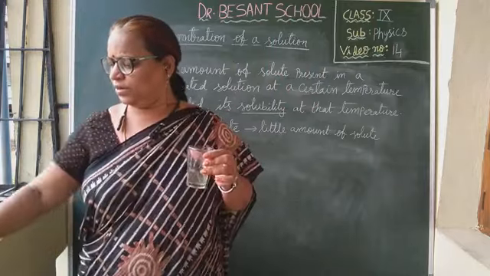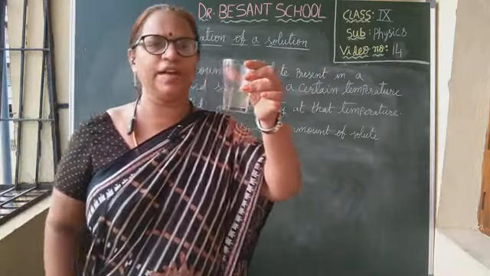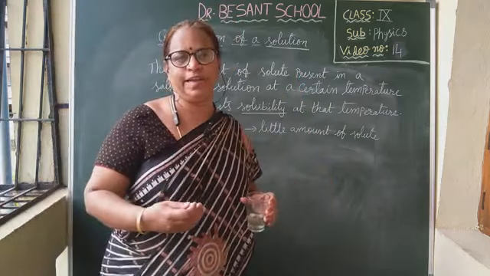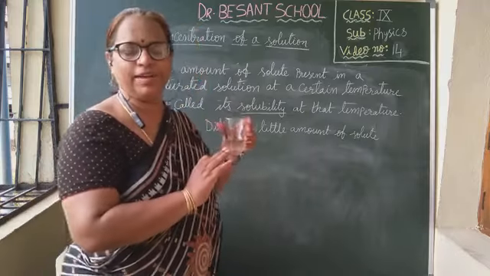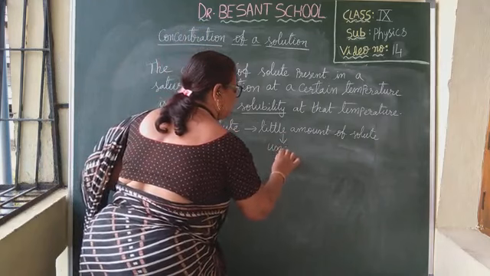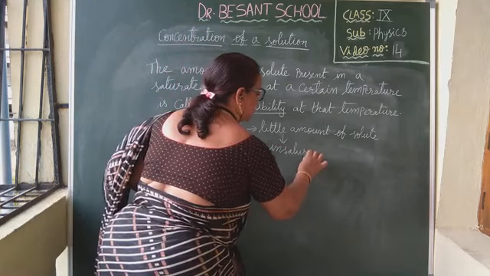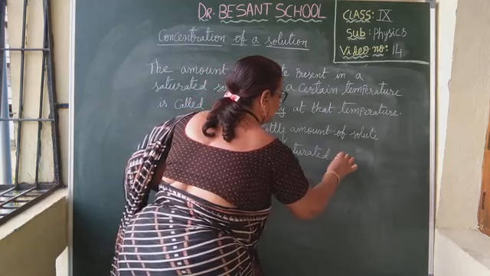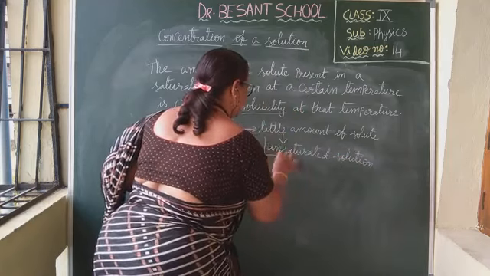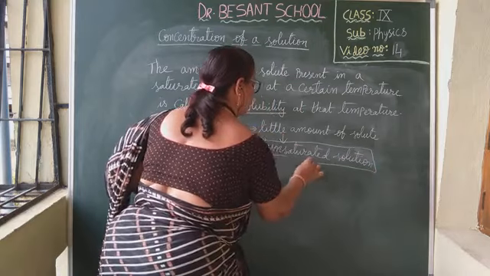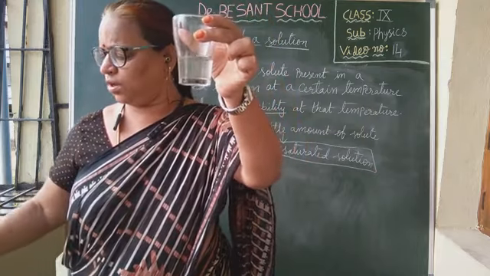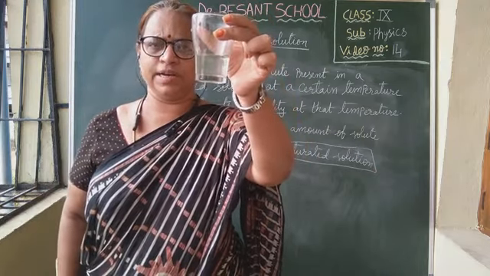Not only dilute, we also call it an unsaturated solution, meaning it is below the solubility range. When the amount of sugar is below the solubility range, it is an unsaturated solution.